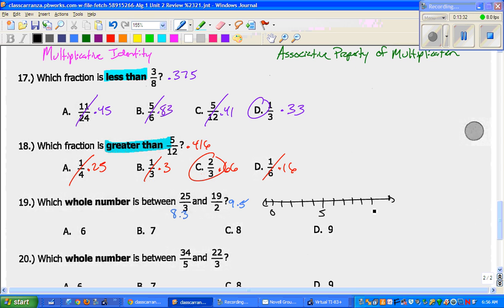So 8.3, there's 6, 7, 8, there's 8.3, there's 9.5. The whole number in between that is 9.